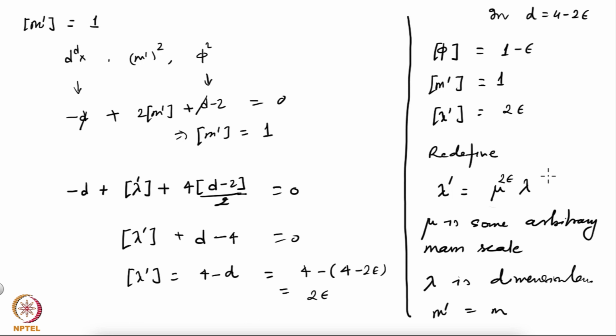So that's the notation I want to use now. I will write the action using lambda and m.